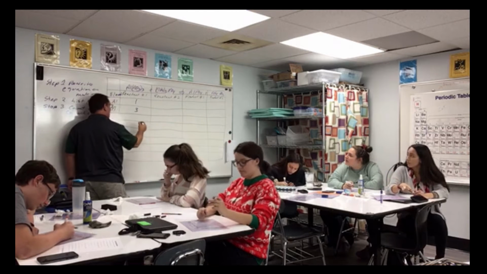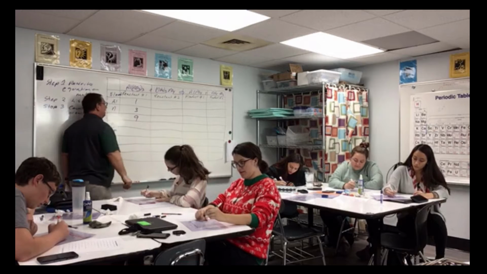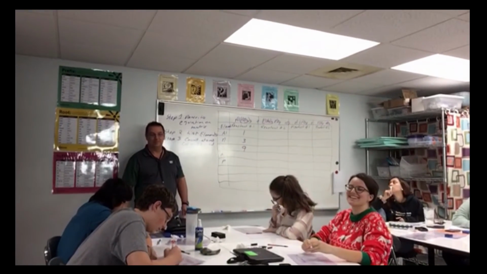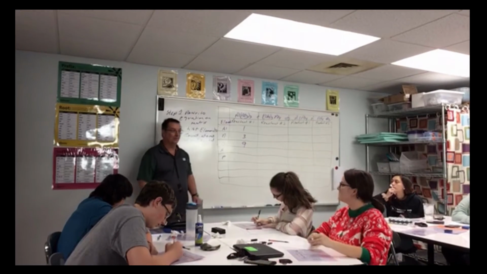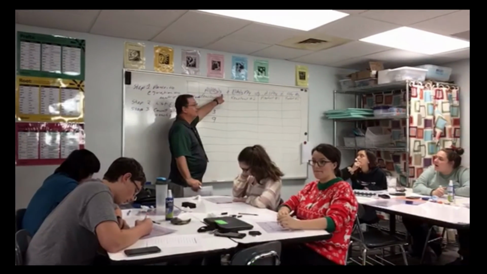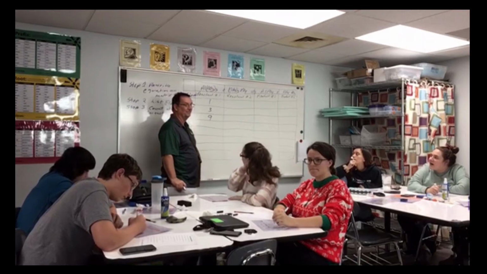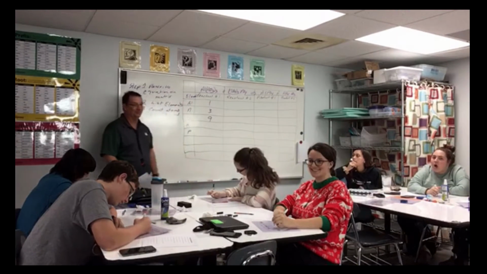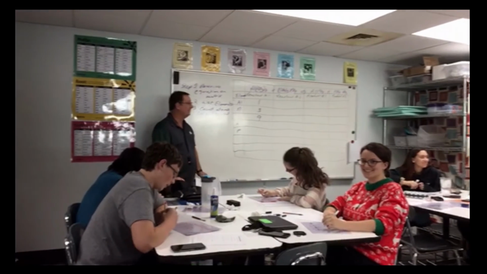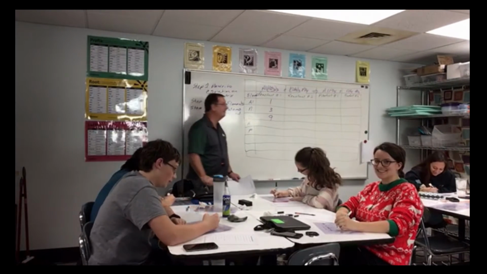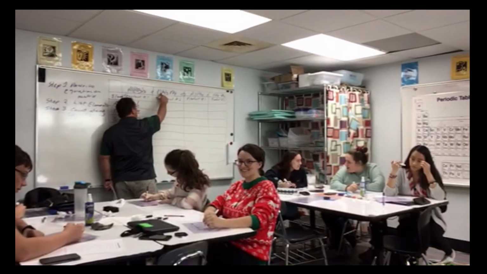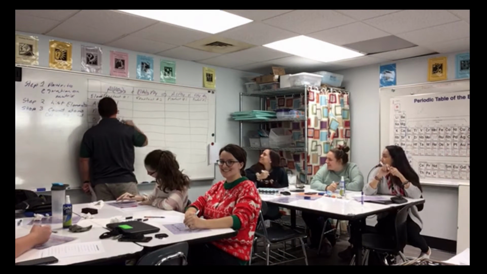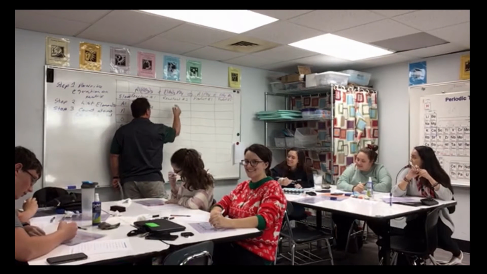Now, for oxygen, how many do we have? 9. Okay, are we good? Now for reactant 2, nitrogen, how many do we have? 1 inside times 3 is 3.